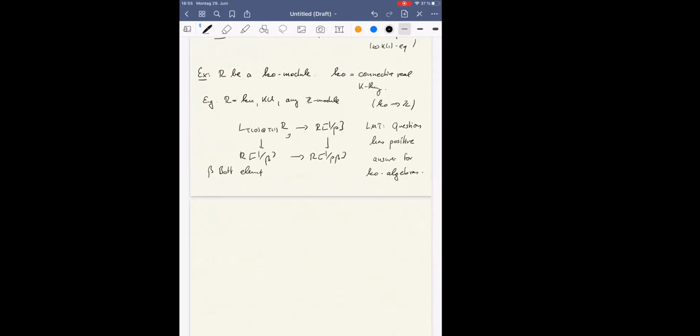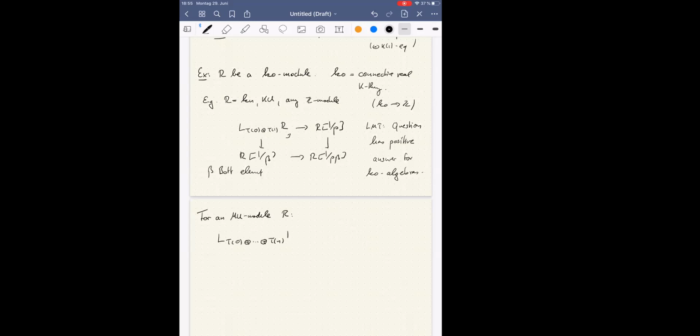So I think I want to end with saying at least one more thing about these localizations in general. So in general, for an MU module R, there's a nice description of this localization. And I will just phrase it a little bit vaguely.